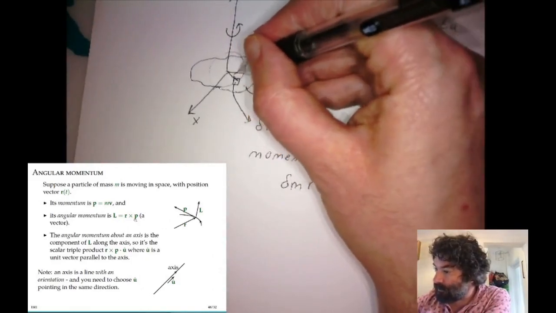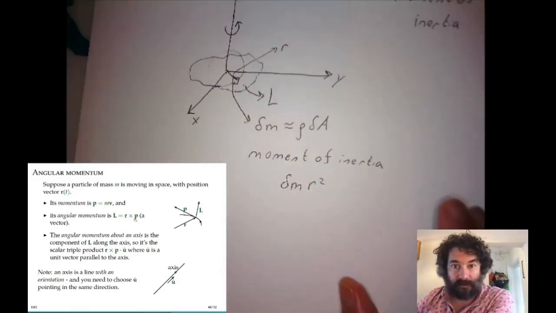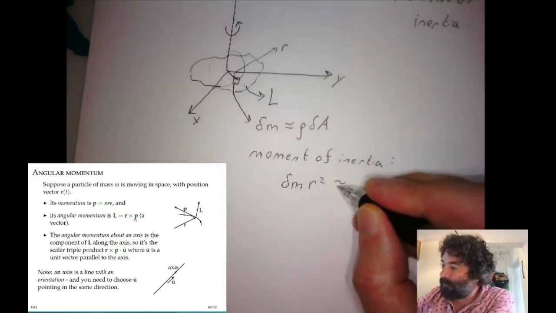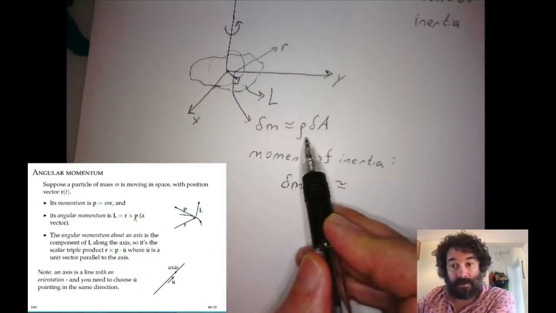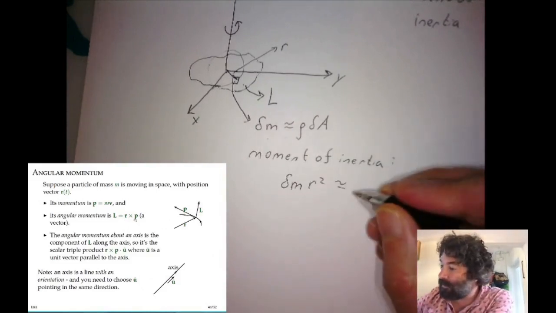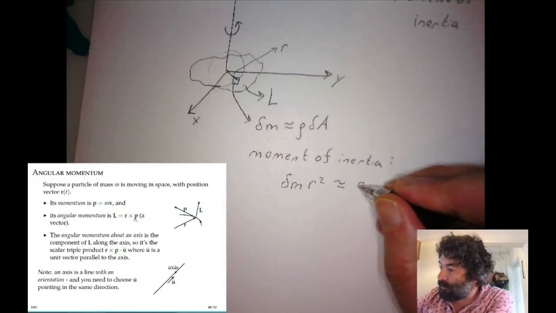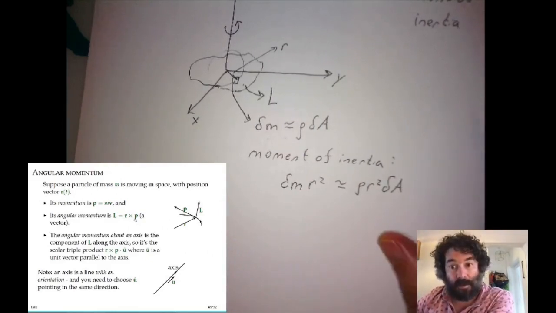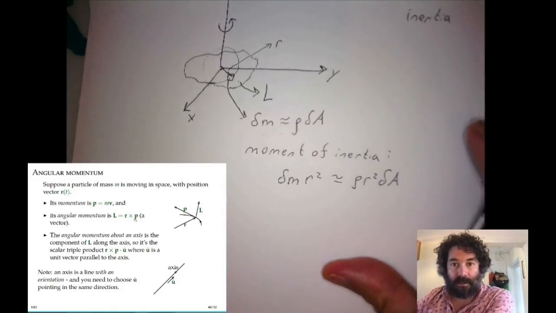So r is this distance right here. Okay? Or if we write delta m as the surface density times the area, it would be rho times r squared times the element of area, the area of that small section.